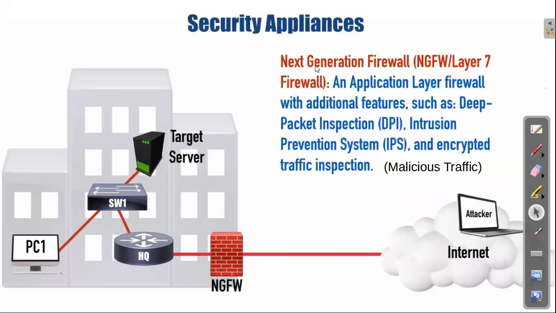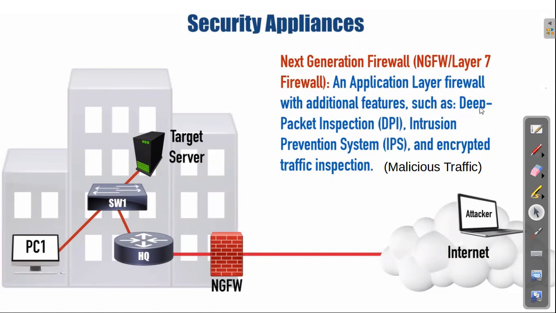Next security appliance. It is firewall, right? It is a well known name, firewall. Next generation firewall, that is NGFW. It's also called layer 7 firewall. What are the features available? An application layer firewall with additional features such as deep packet inspection, DPI.